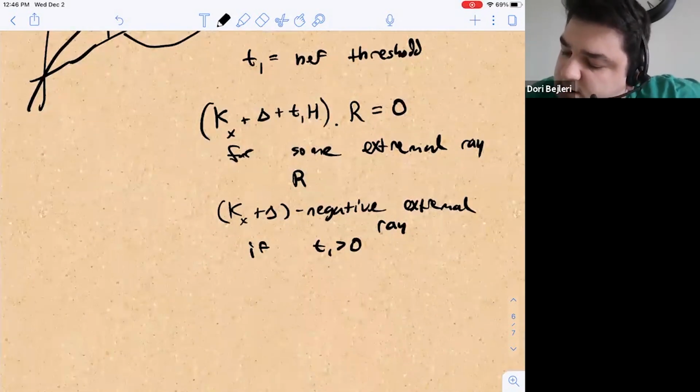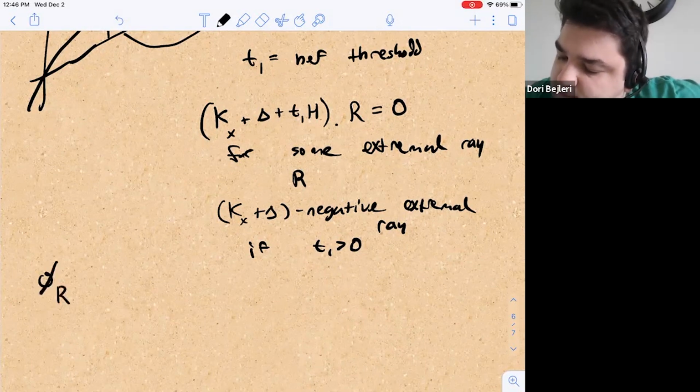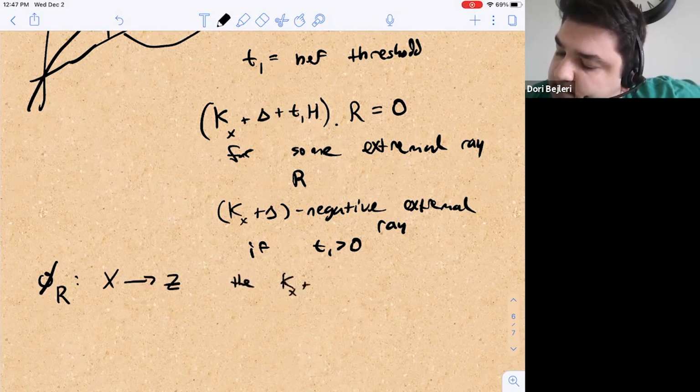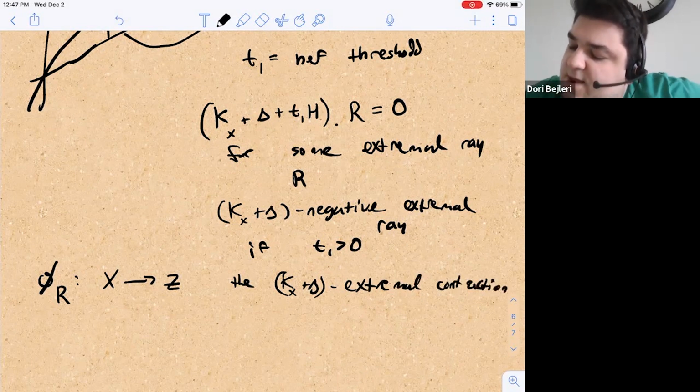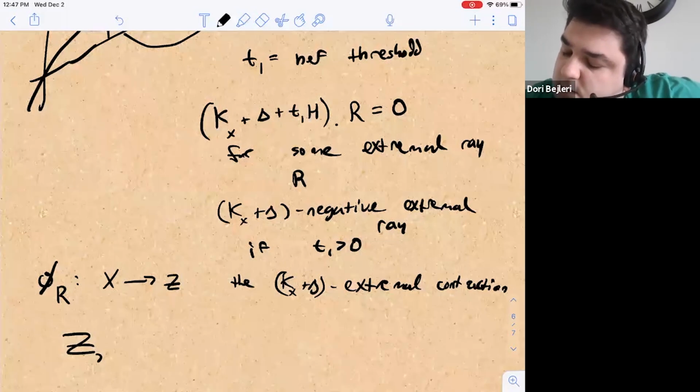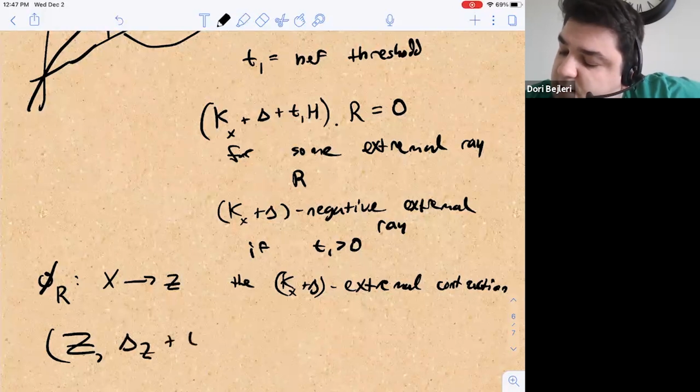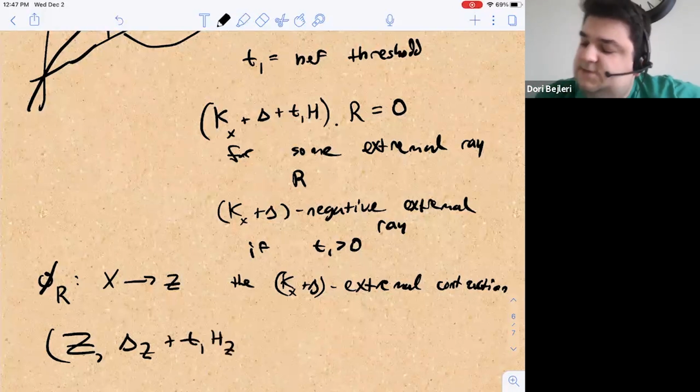And so if we look at the extremal contraction for this ray, the observation is that Z, the pushforward of, well, let me just call it delta Z to just mean we've pushed forward delta plus T1 H, so we've pushed forward H as well.